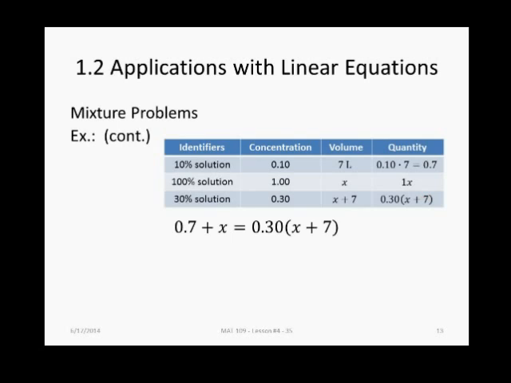I get my equation. Solving the equation, I get x equals 2 liters. Thus, 2 liters of pure alcohol must be added to 7 liters of 10% solution in order to wind up with a 30% solution. And that will provide you with 9 liters of that 30% solution.